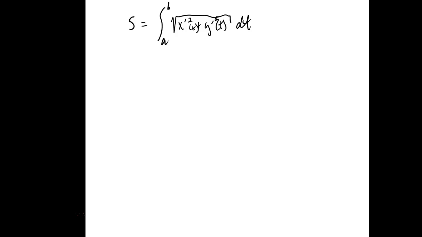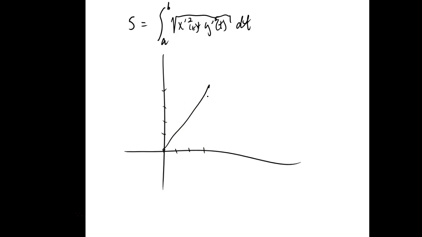Number 4. A particle travels along a path from 0, 0 to 3, 4. What is the displacement? From 0, 0 to 3, 4. 0, 0 is here. 3, 4 would be up here. What is its displacement?